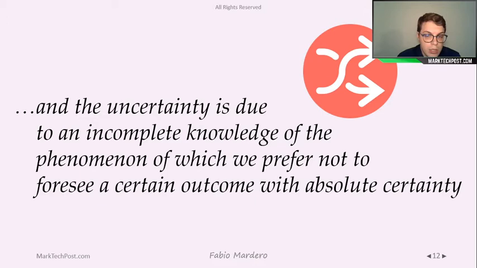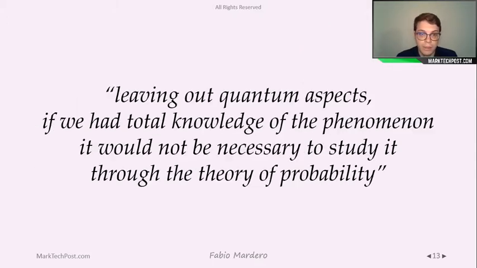And the uncertainty, we can say, is due to an incomplete knowledge of the phenomenon, of which we are not able to foresee a certain outcome with absolute certainty. Of course, we are linking together the concept of probability and uncertainty.